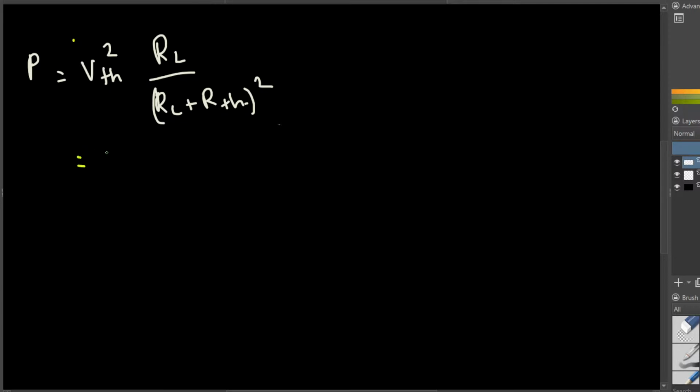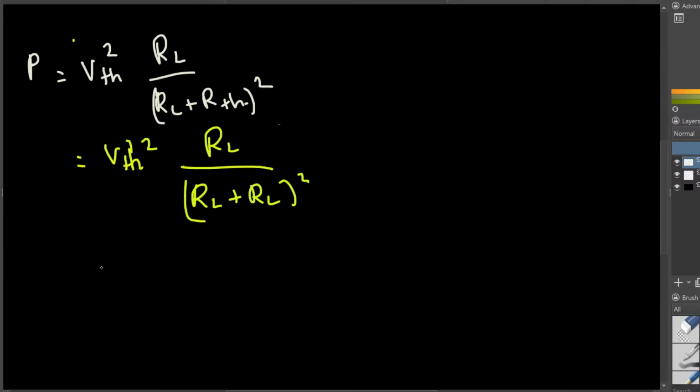So this becomes V Thevenin squared times RL divided by (RL plus RL) squared, and that becomes (2RL) squared. V Thevenin squared divided by 2 squared RL squared, which is 4RL squared, and then we have RL in the numerator.